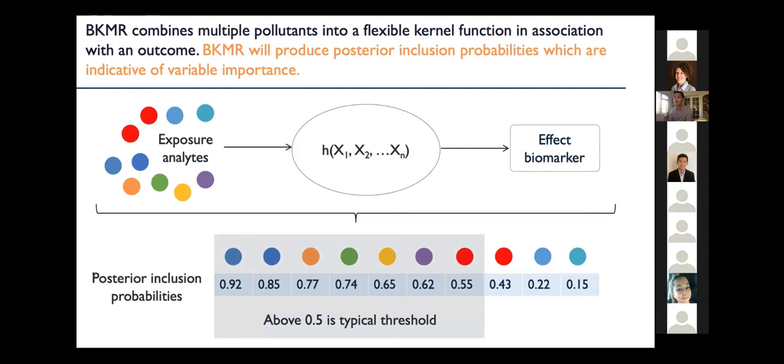And I'll also note that in our application of BKMR, we applied the hierarchical clustering option. So instead of getting just single chemical metabolite posterior inclusion probabilities, we also got whole class level posterior inclusion probabilities to give us some indication of the entire chemical class in relation to the particular outcome.